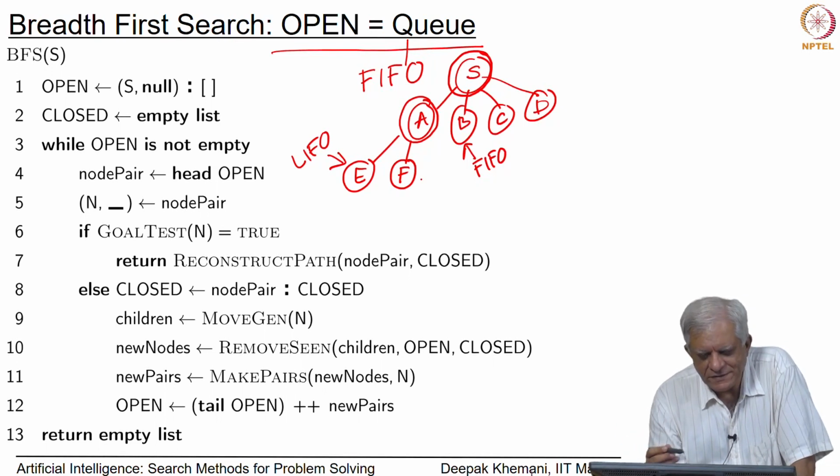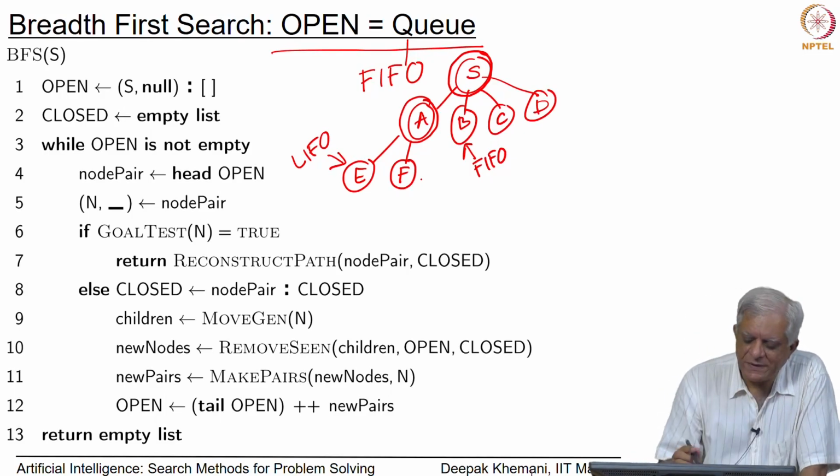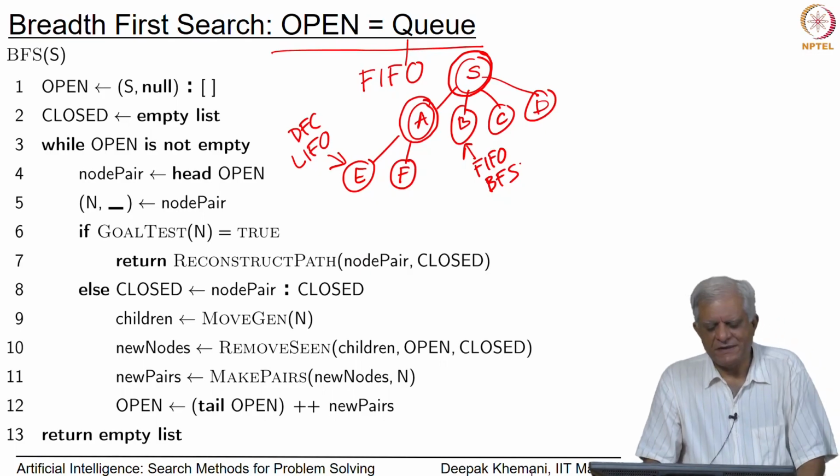This is treating open as a queue. So, depth first search would pick E and breadth first search would pick B. We will look at the behavior of this algorithm in a little bit more detail.